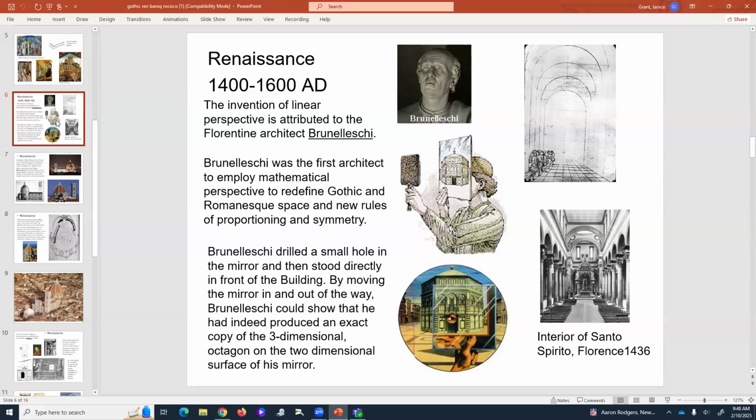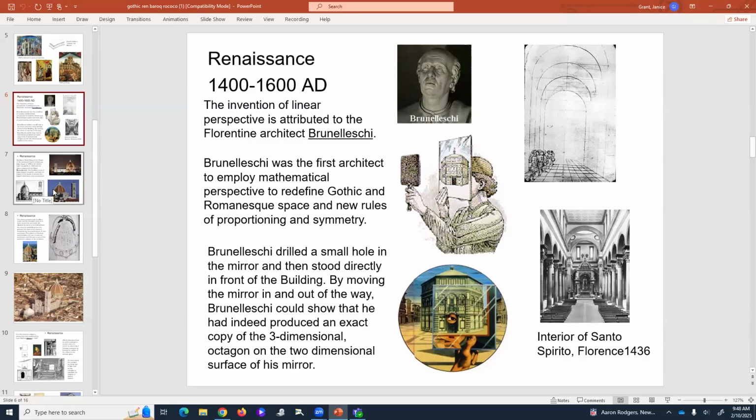So I think this is really interesting when he drilled a small hole in this mirror and then stood directly in front of the building. By moving the mirror in and out, he could show that we did have this kind of 3D vision.